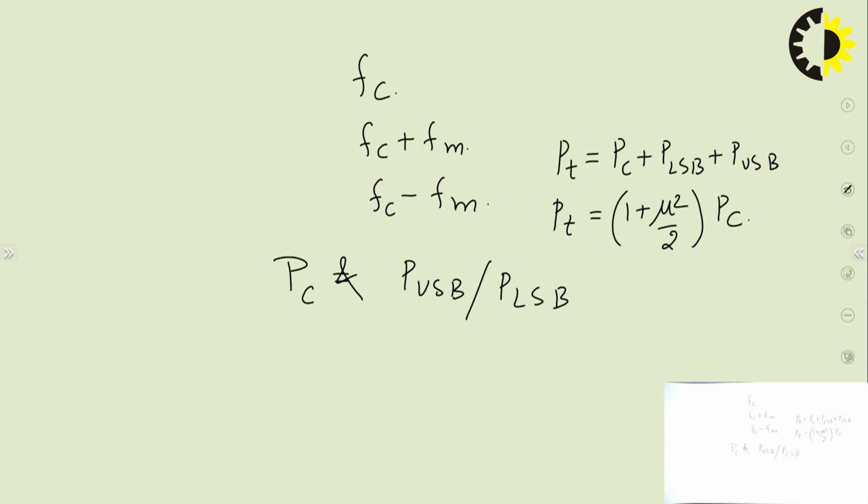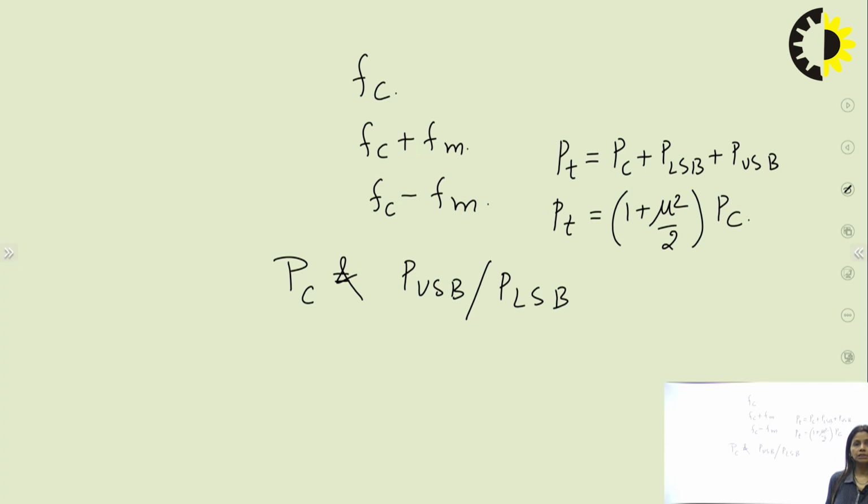So that is all we understood about the power transmitted along with the amplitude modulated wave, and what the three components were.